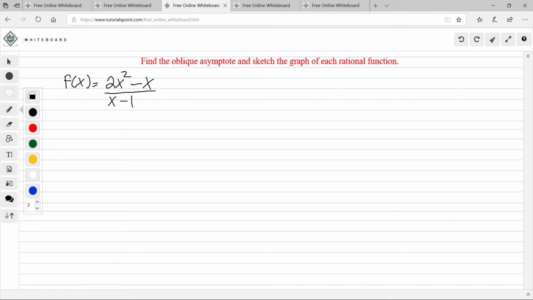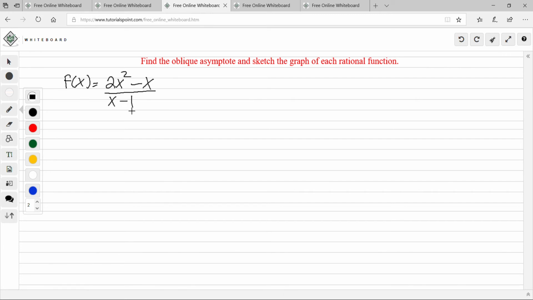So let's look at the degree. Can it be simplified? 2x squared minus x? I don't think so. You could factor the x, right? No, I wouldn't factor that x. I'll just leave it the way it is.